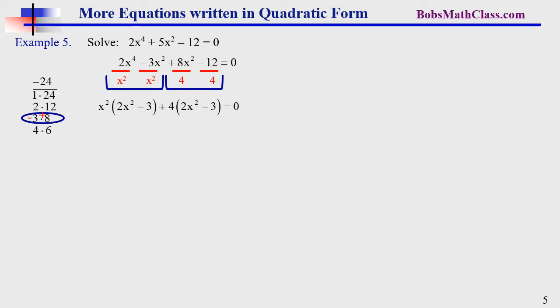Now put it together. So x squared plus 4 times 2x squared minus 3. It's called the zero product rule. Set them both equal to 0 and solve.